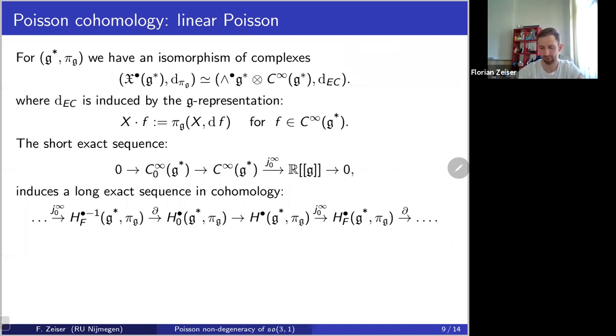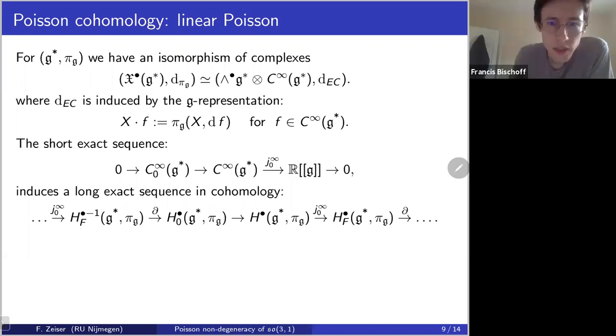And the short exact sequence is completed on the right-hand side by the formal power series, which are basically the Taylor polynomials at 0 of a function. So from this short exact sequence, we obtain a long exact sequence in cohomology. Here, H index 0 is the cohomology associated to the functions which vanish flatly at 0, the standard H is the standard Poisson cohomology, and H index F denotes the formal Poisson cohomology.